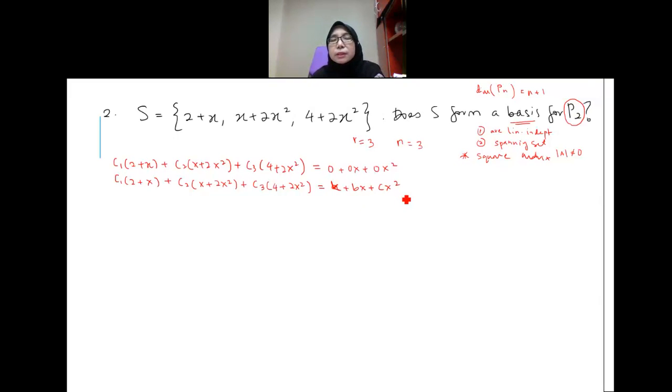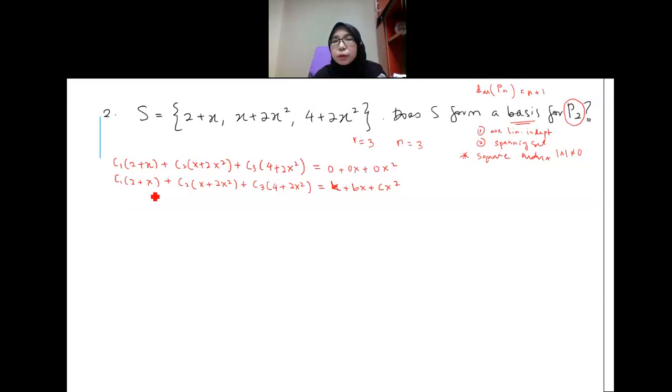The first equation is for linearly independent. The second equation is for spanning set, right? This is your first step, you should write in linear combination. The second step is to transform this equation into a linear system.